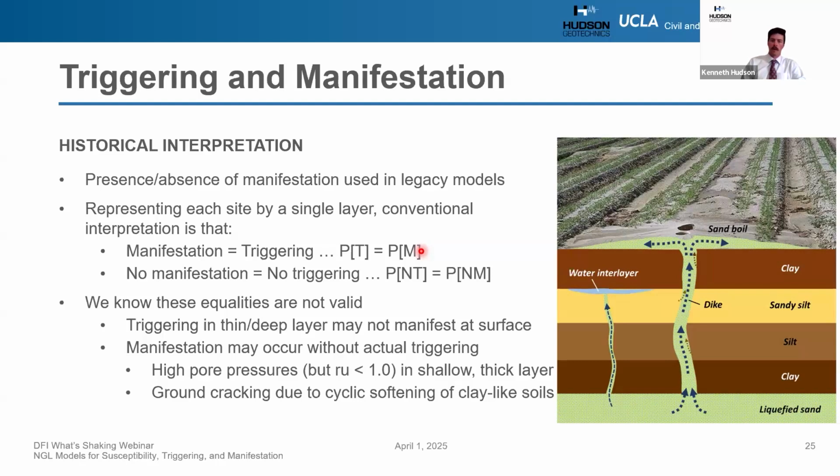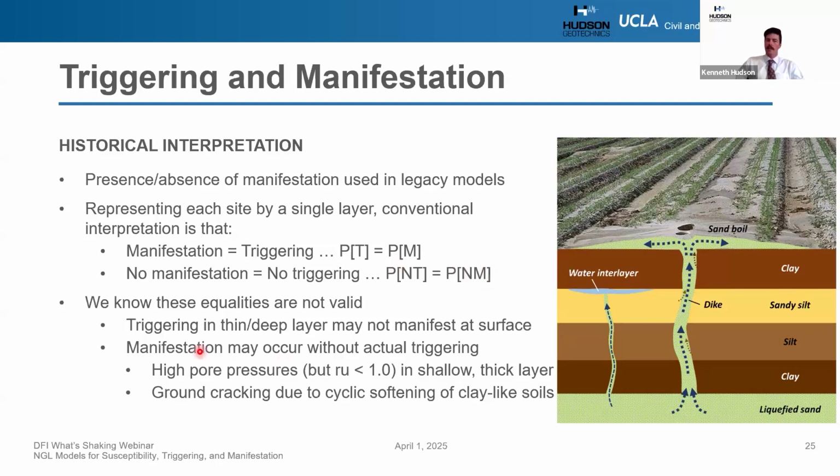It also goes the same for the opposite. When we don't observe manifestation at the ground surface, we would say the critical layer we selected from this profile did not trigger. So the probability of no manifestation would equal the probability of no triggering, which, in a case where no manifestation was observed, would be 100%.